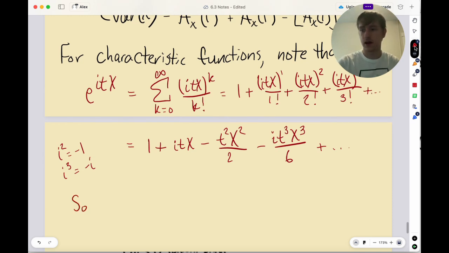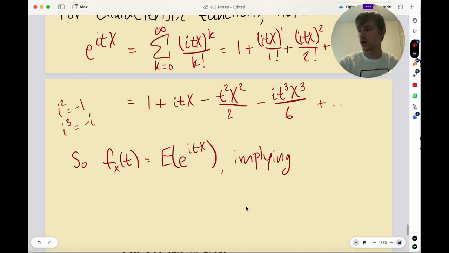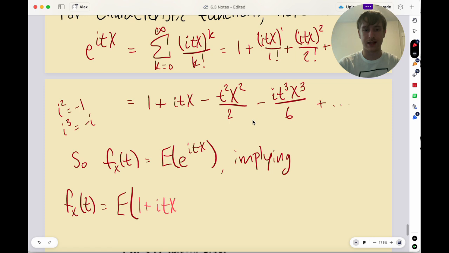Okay, so we know that f_X(t) is just the expected value of e to the itX, which implies f_X(t) is just going to be the expected value of all of this: 1 plus itX minus half t squared X squared minus a sixth i t cubed X cubed, and so on and so forth.